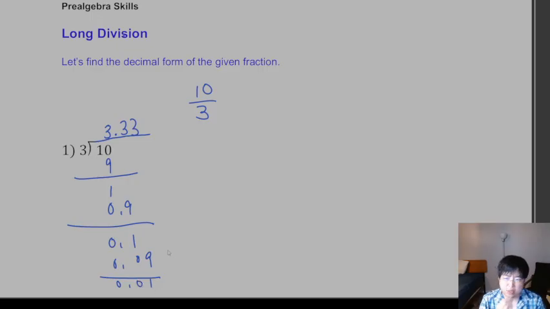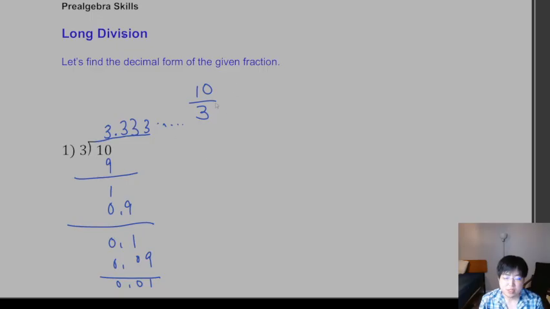But at this point, we can logically guess or conclude that this will repeat. So every time I'm going to get a one-digit-lesser number, which is 0.1, 0.01, 0.001, and every time I'm going to just multiply 3 to the next digit here, which we can conclude that this 333 will repeat.